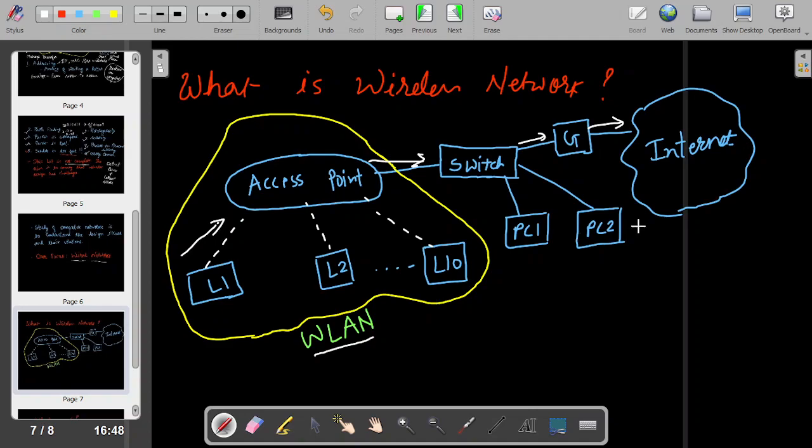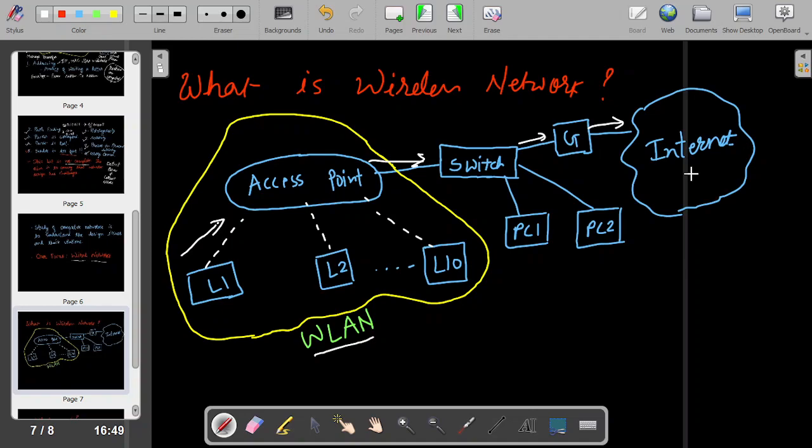Keep in mind that in the internet also the links between routers may be wireless. But as I said, in this tutorial series our focus is on wired networks. The reason for telling you is that the protocol design or the challenges are different from wired network to wireless network.